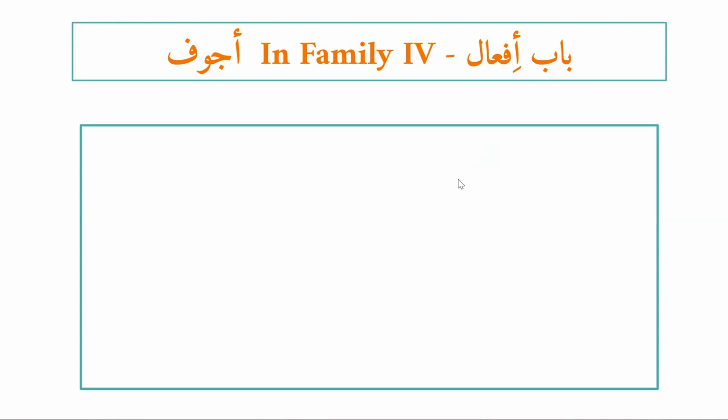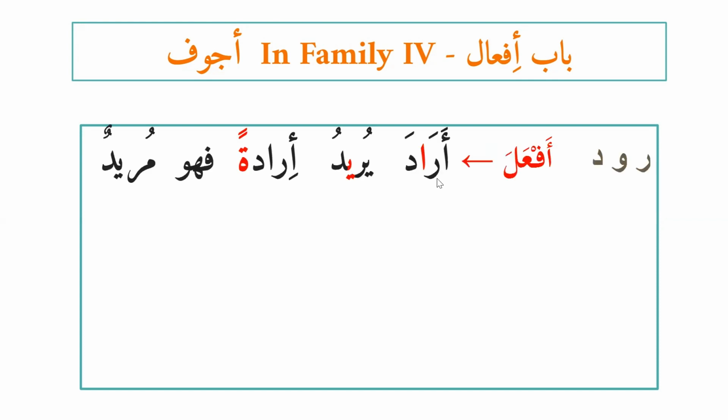And for family 4, in Ajwaf, we are going to take the example of ra, wa, da. So the root letters are ra, wa, da. If you put them in family 4, the pattern is af'ala yuf'ilu if'alan fahuwa muf'ilun. You know the pattern. Aslama yuslimu islaman fahuwa muslimun.